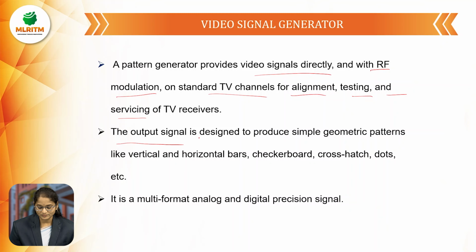The output of the signal is designed to produce simple geometric patterns like vertical and horizontal bars, check bars, checkerboard, crosshatch, dots, etc. It is multi-format, both analog and digital precision signals.